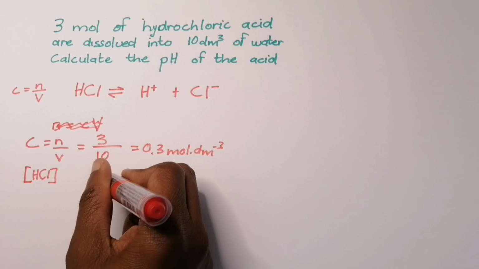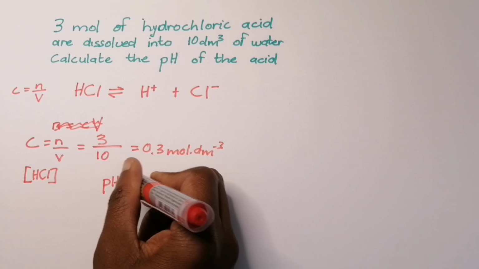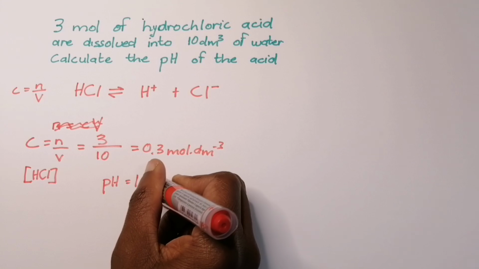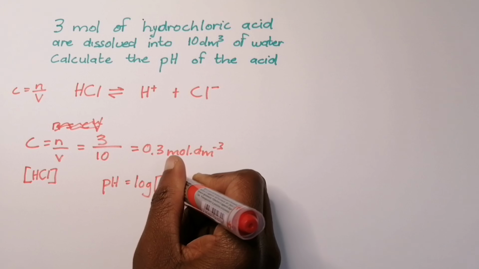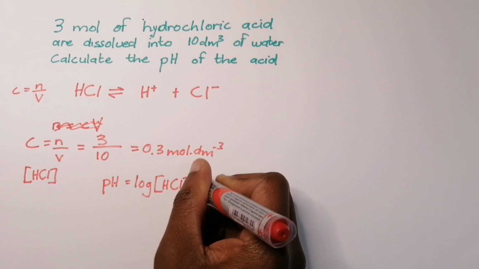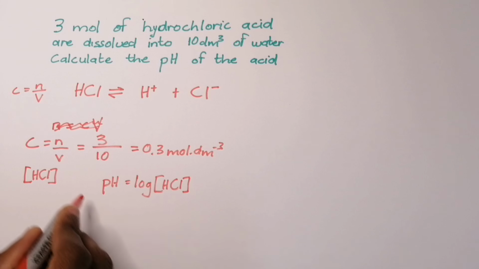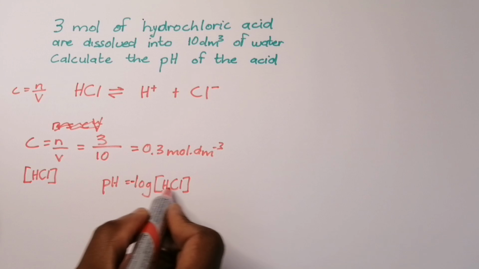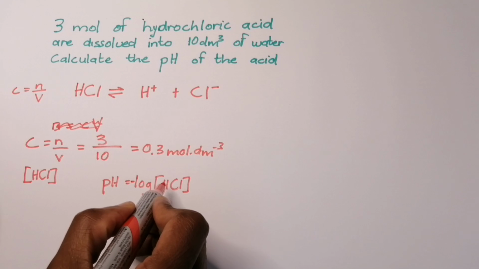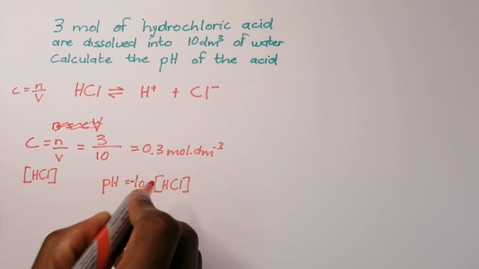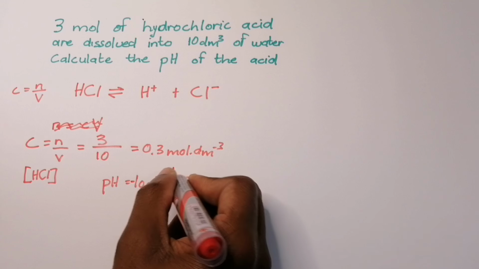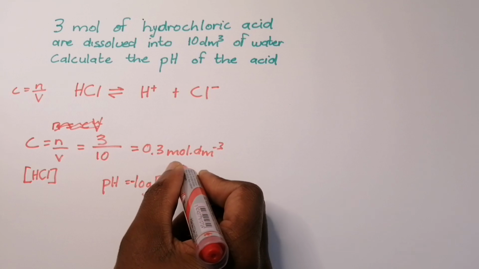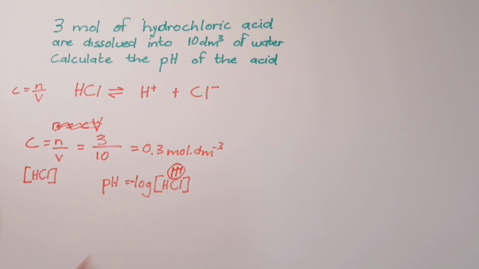They will say, oh, but I know pH is minus the log of HCl. Please do not change the equation. It does not say minus the log of the acid, but what should be in here? The concentration of what? H plus. So this would be incorrect.